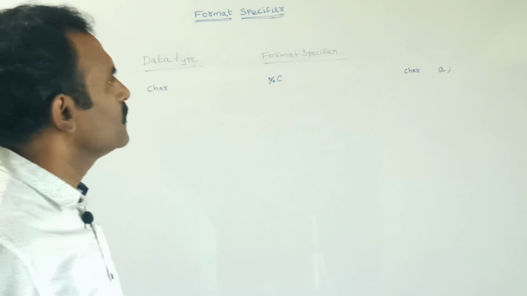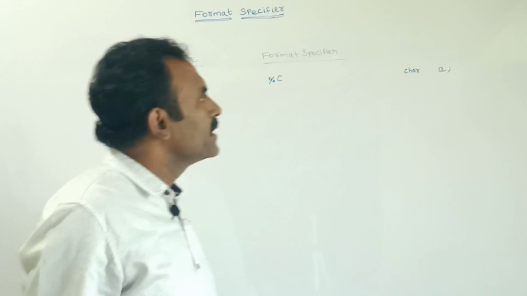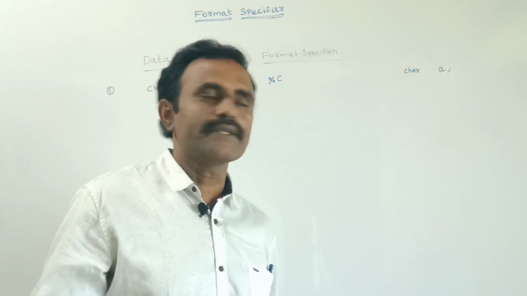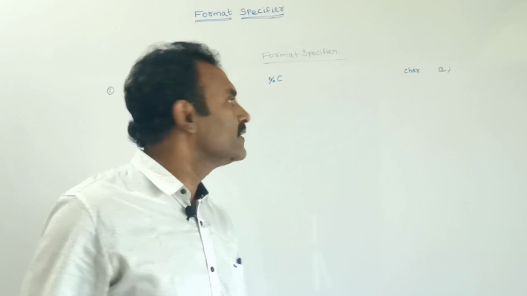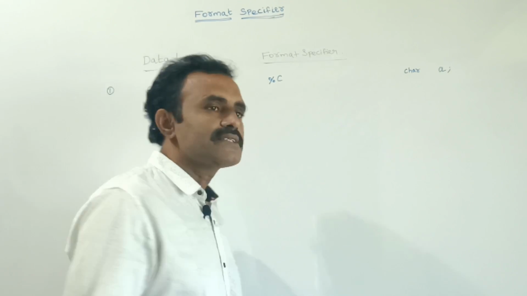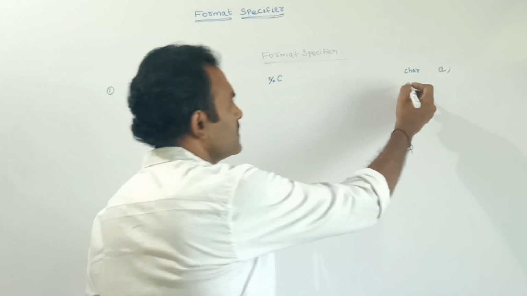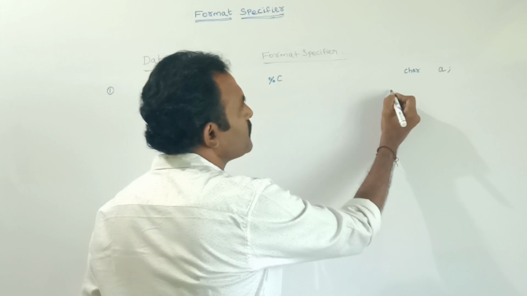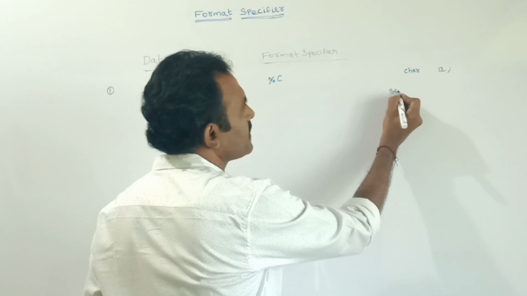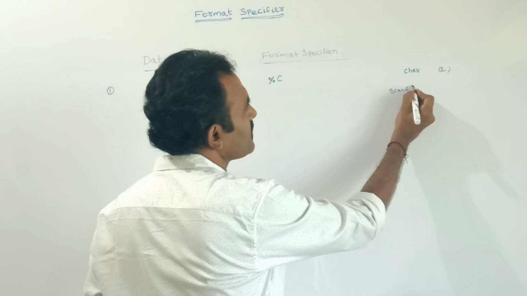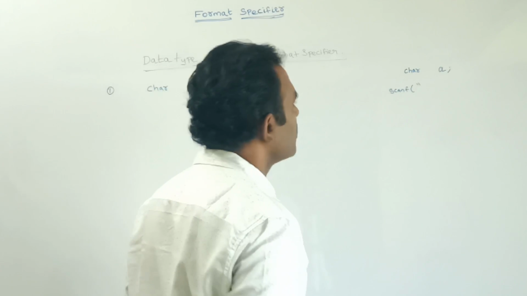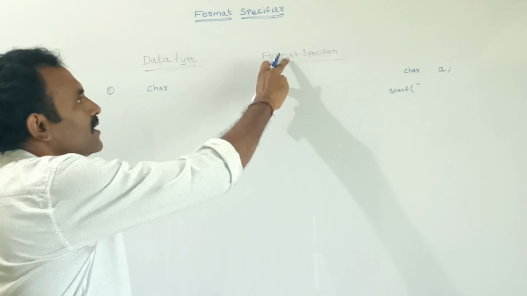If I need to store a character value in a variable a, then with the help of the scanf and printf functions we can store and retrieve the data. See here, first I am using the scanf function. What are its arguments? The first argument is the format specifier.